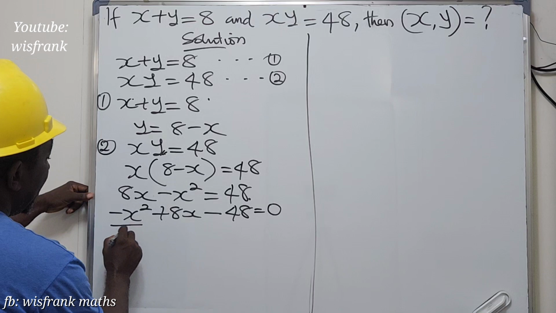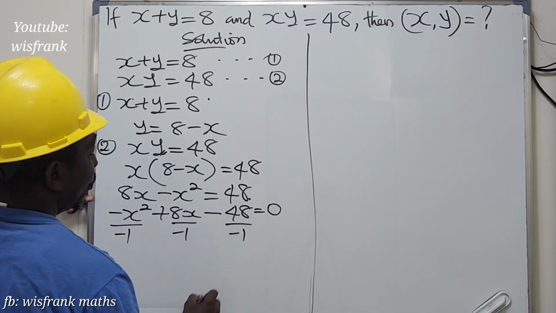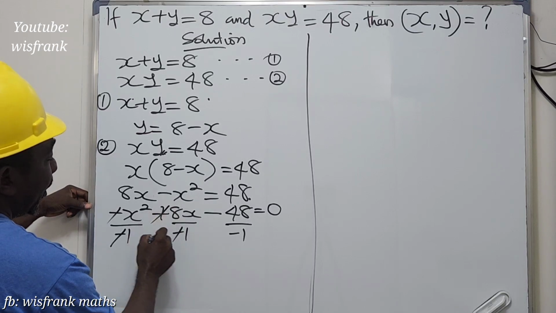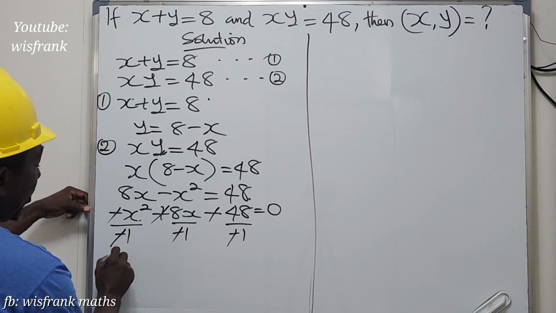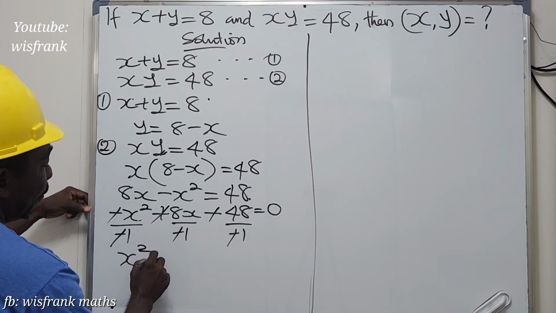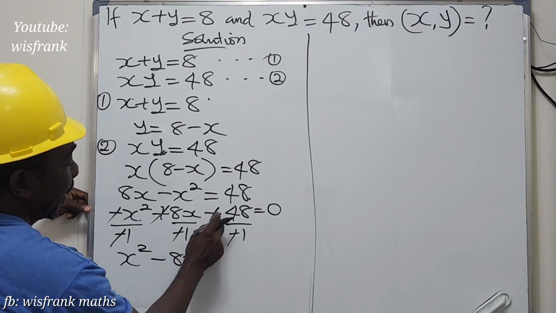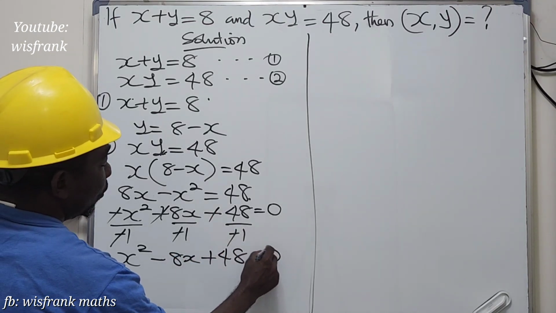So the minus cancels here, here and here. Then we have plus x to the power of 2, minus 8x, plus 48, all equals 0.